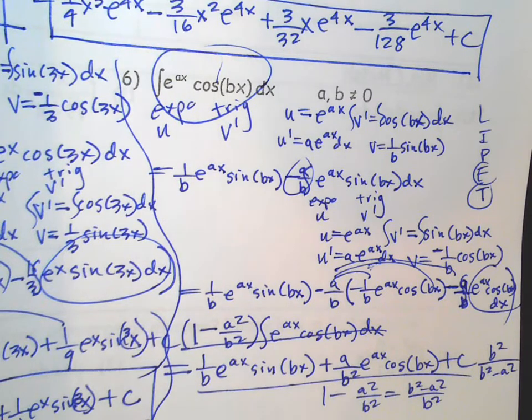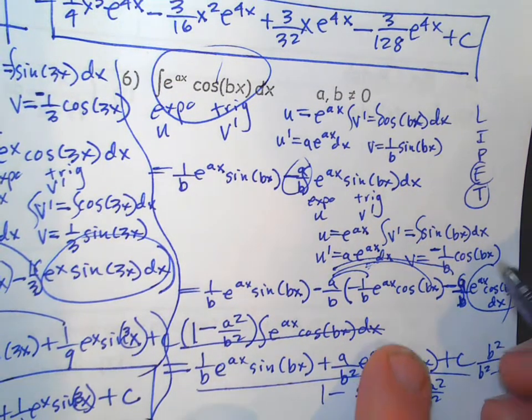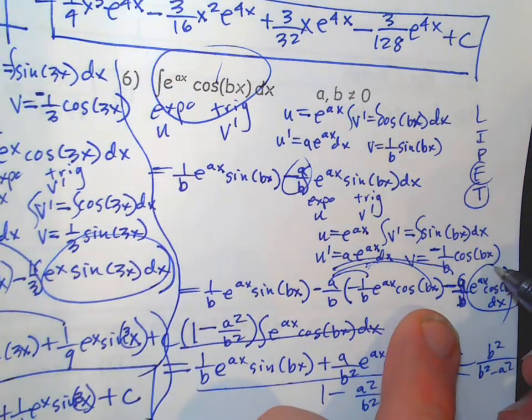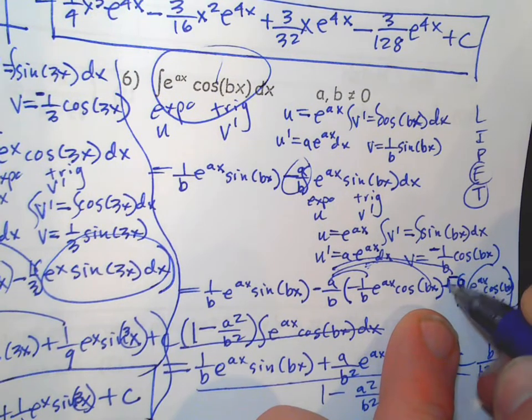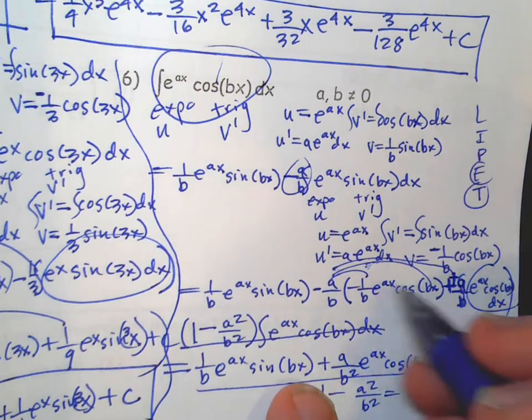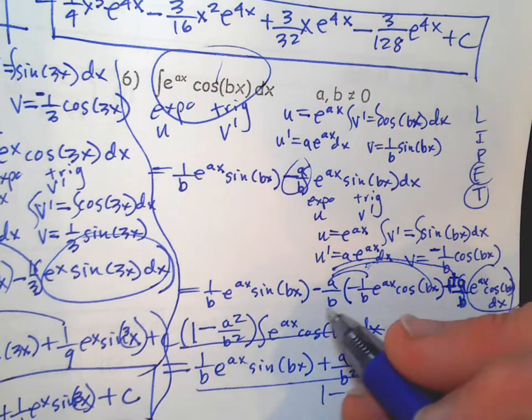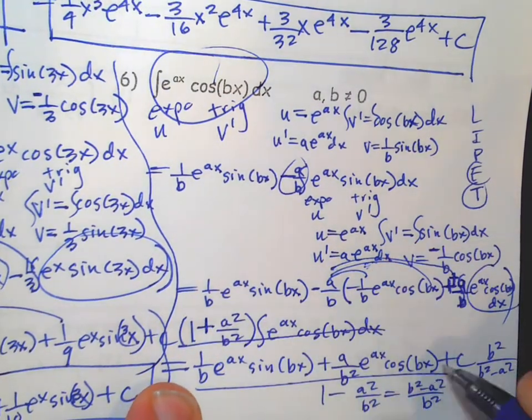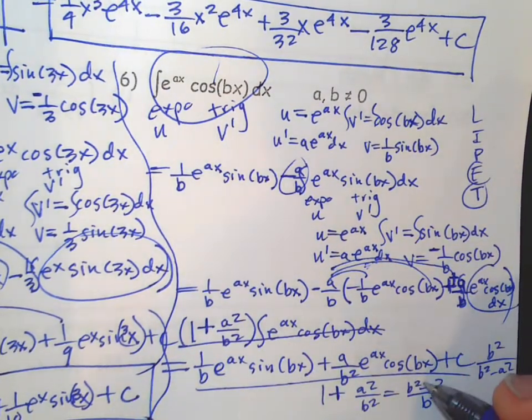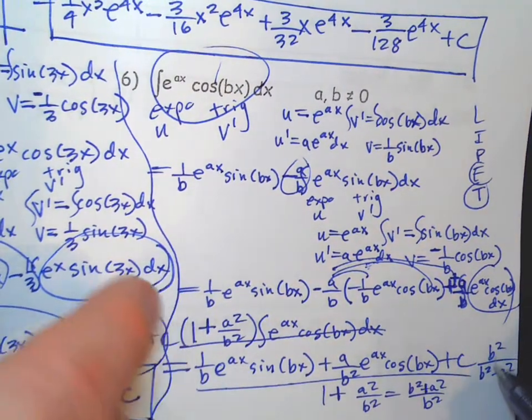Let's just make sure I'm doing this all right. So this had an extra negative, so that should be positive. So this should actually be negative, so we should have added it to the other side. Okay. All right.